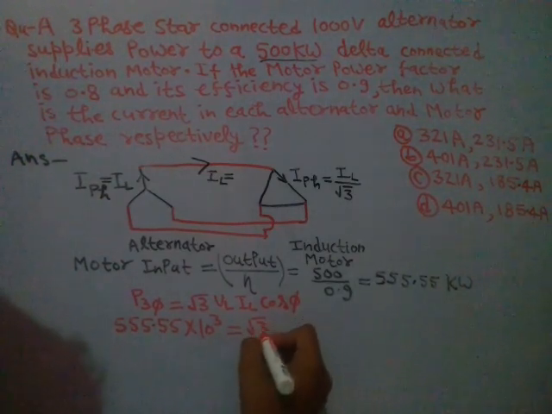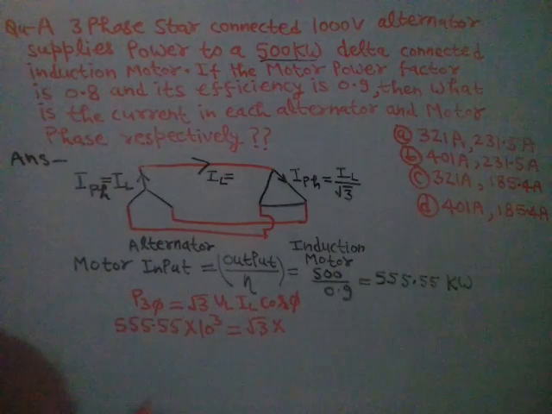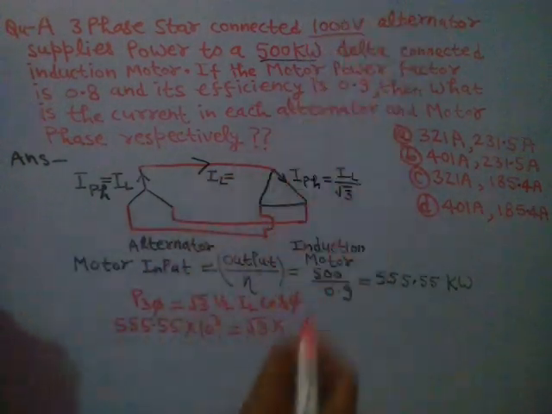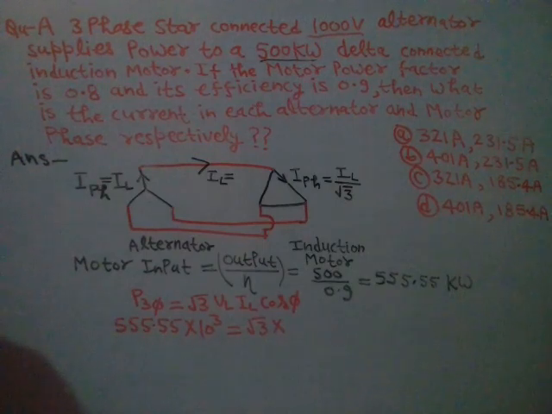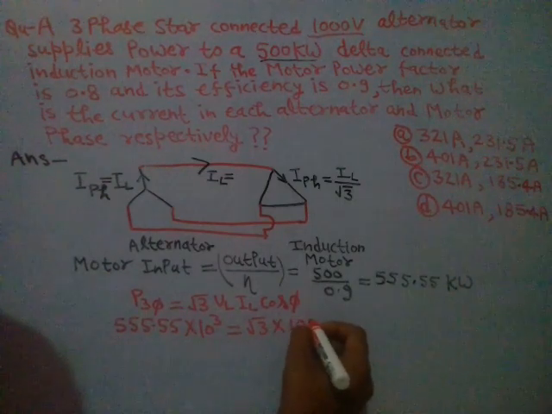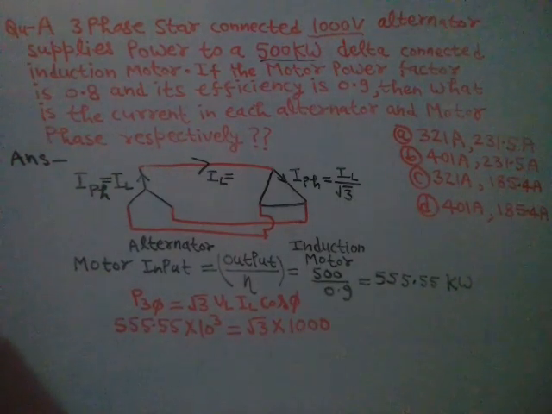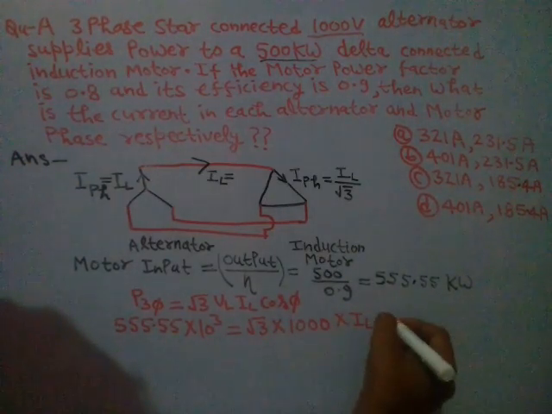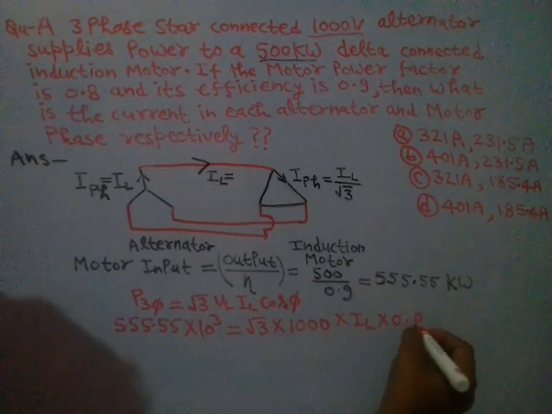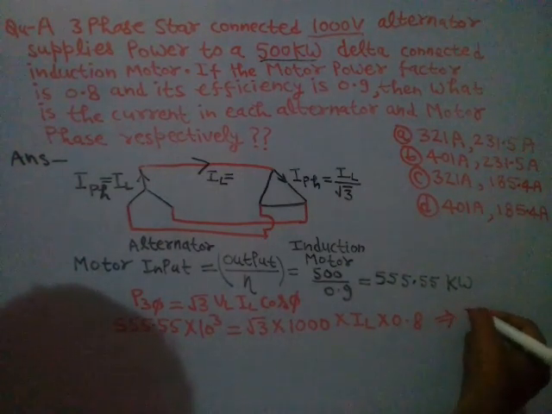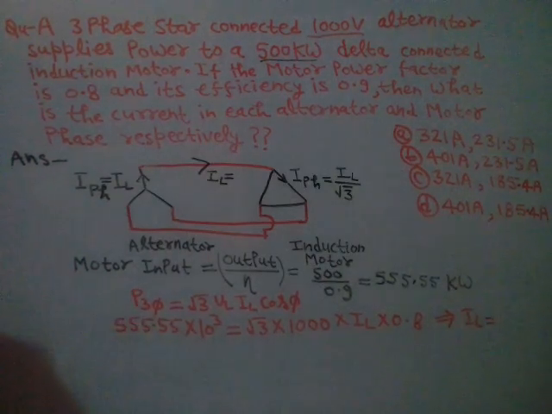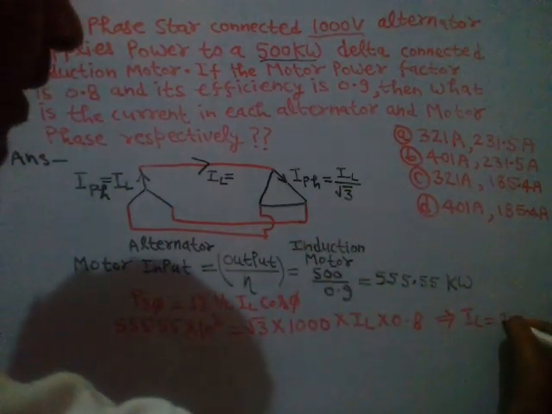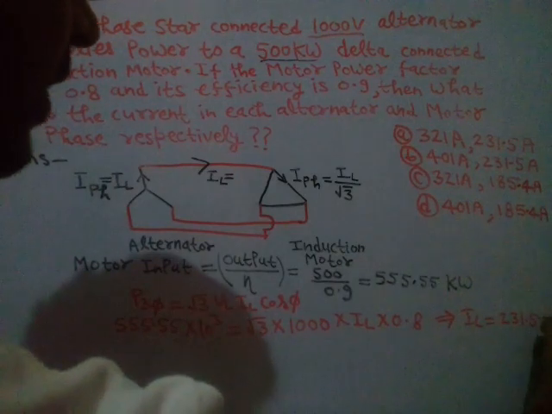So root 3 into line voltage, which is given as 1000 volt, and the line current we have to calculate, and the operating power factor is 0.8. When you solve this, you will get the line current equal to 231.5 amperes.